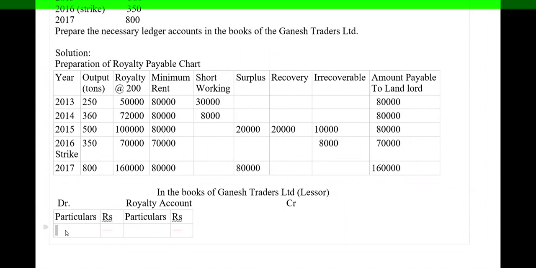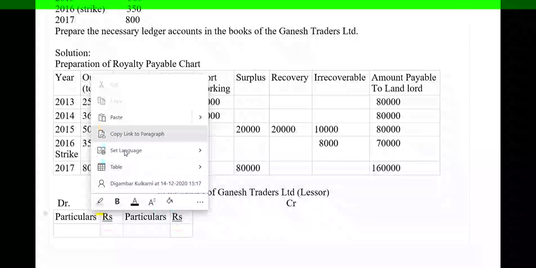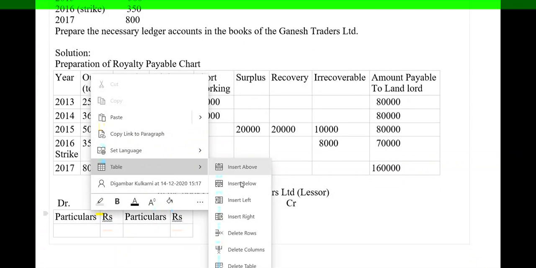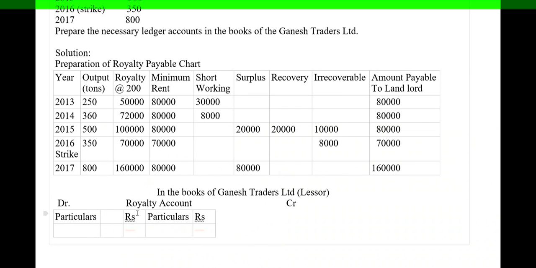So now when the royalty is payable, then the entry will be... sorry, one more thing we should include here, because the date column we also require here. So let me add it.